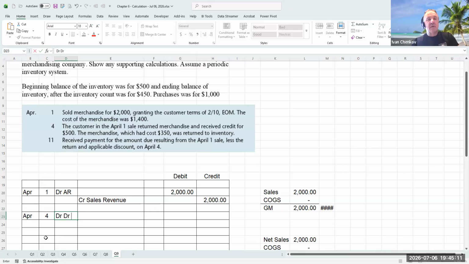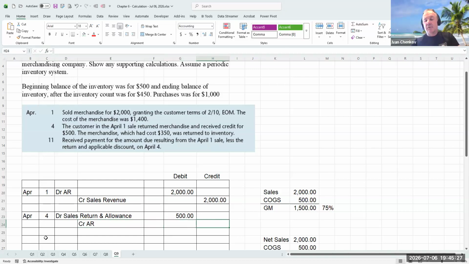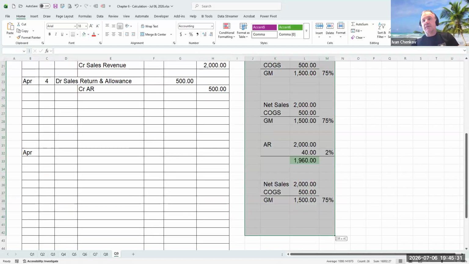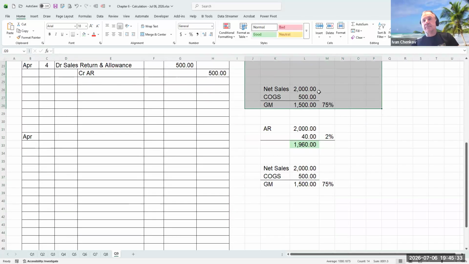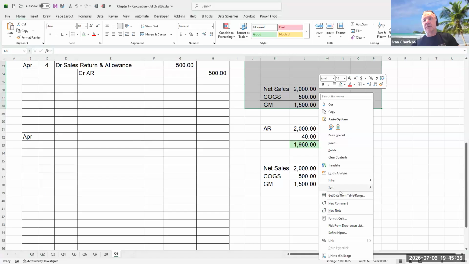Debit sales return and allowance with $500, and we're going to reduce the accounts receivable, credit accounts receivable with $500. That's great. Let me delete this one. We don't need this.